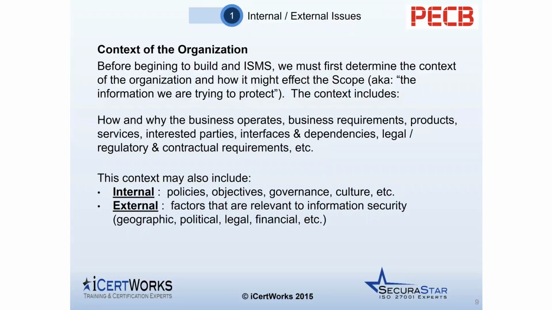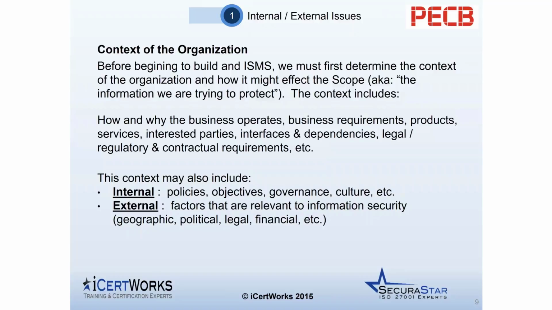This context may also include internal policies, objectives, governance, cultures, and external factors that are relevant to information security, such as geographical, political, legal requirements, depending on whatever country you're in, financial requirements, and so on and so forth. So there's a lot of things to consider here, and they vary from country to country, business to business.